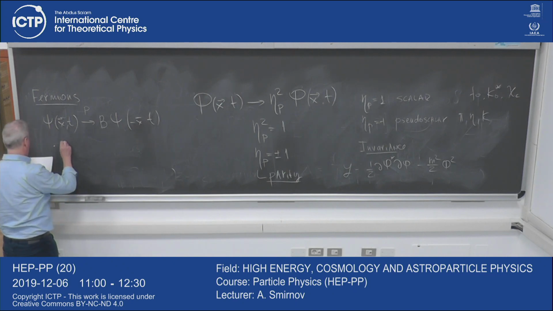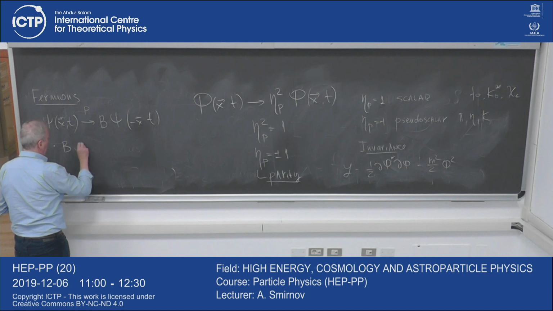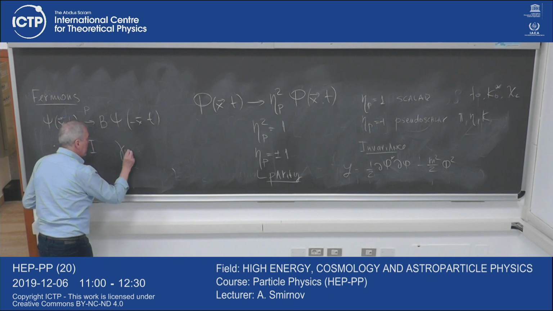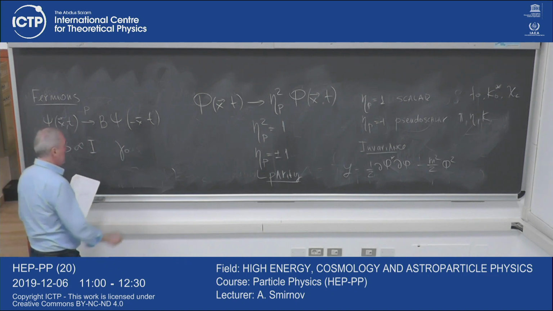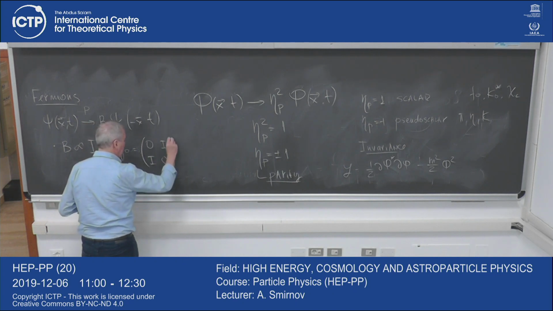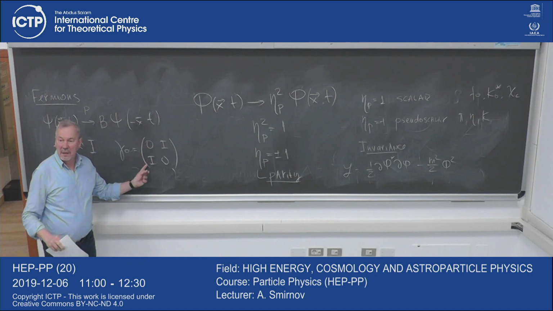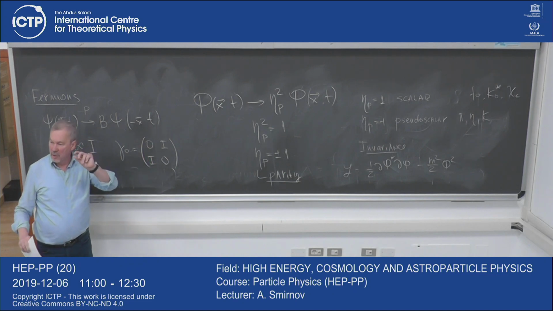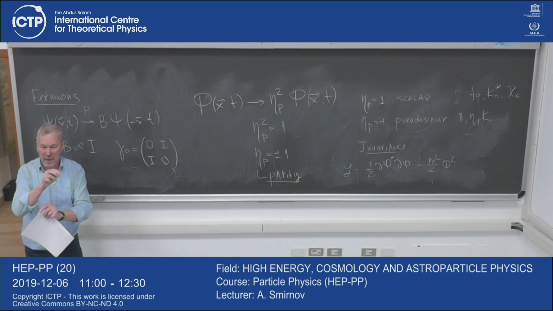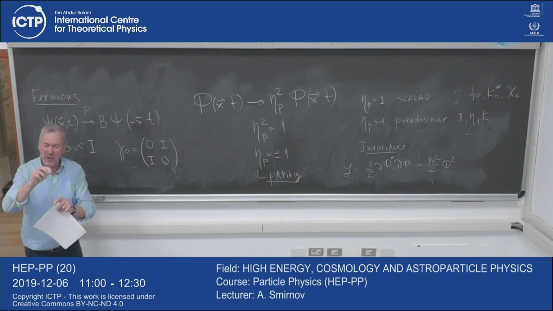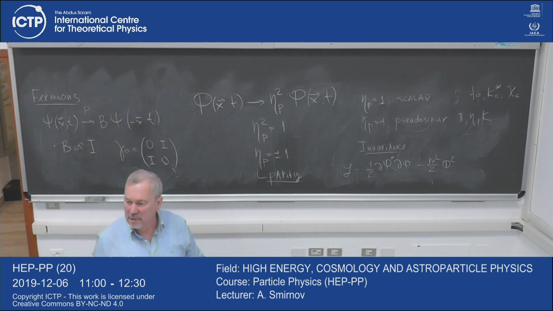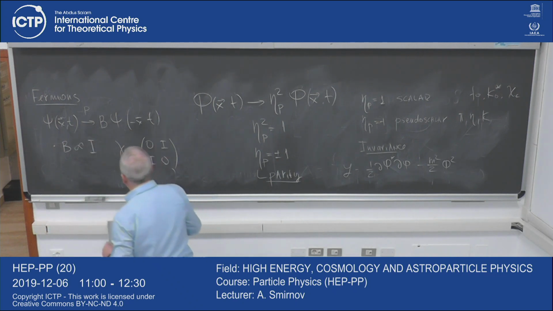Therefore B can be proportional to 1, of course, nothing changes, or it can be proportional to gamma 0, because in spinorial representation gamma 0 is (0, 1; 1, 0). And the existence of this 1 means that you do not affect spin variables within spinors. So it just inverts the spinors within the bispinor, but doesn't change spin variables inside spinors. So there are these two possibilities.